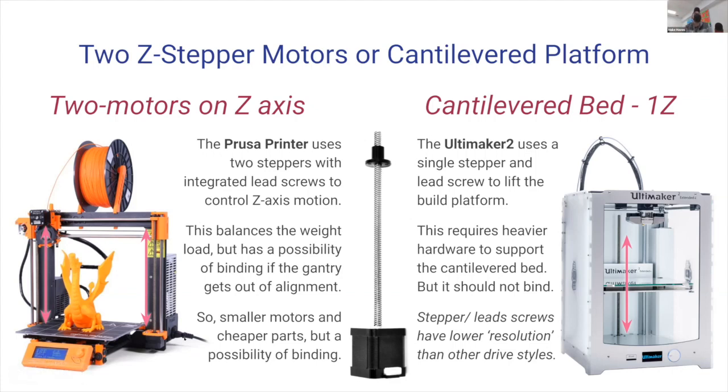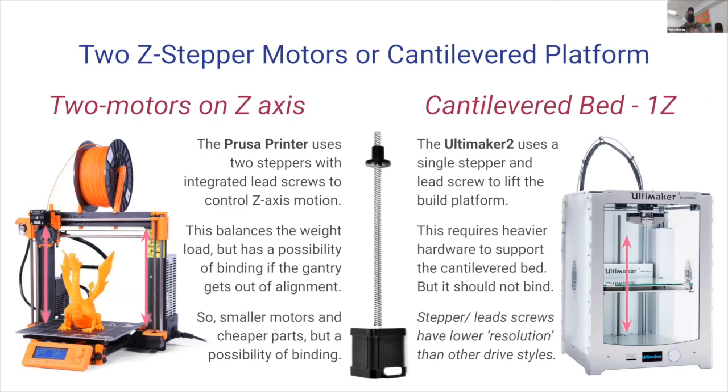And the Prusa does this successfully with two little steppers. So the steppers down here you can see are fairly short, which means they don't have much torque in either of them. So it uses two in concert to raise and lower the 3D printer bed. It's a very elegant way to get the stepper to move up and down, or to get the print head to move up and down on a Prusa, but it has its own costs and benefits.